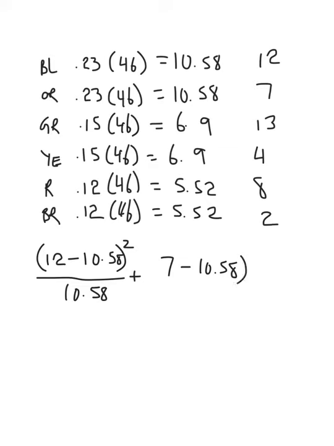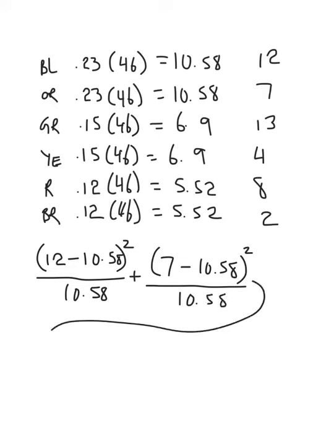It's the observed minus the expected, squared, divided by the expected, and we do that for all of them. I'll do one more. It's 13 minus 6.9, you square it and divide it by 6.9. We do that for every color, and then we add them all together. That's our chi-squared.